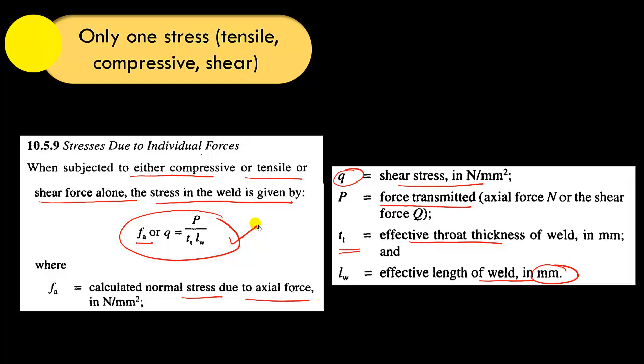Now the question is, when we have multiple stresses, what do we do? Similar to the previous case, the code gives a recommendation for the calculation of equivalent stress in the weld. This is given in clause 10.5.10, which says how we calculate equivalent stress when a combination of stresses is present. The clause says that when subjected to a combination of normal and shear stresses, the equivalent stress f_e shall satisfy the following equation.